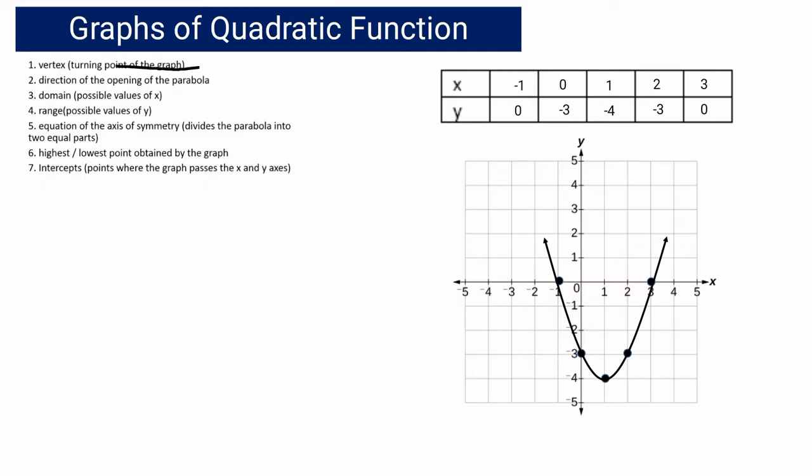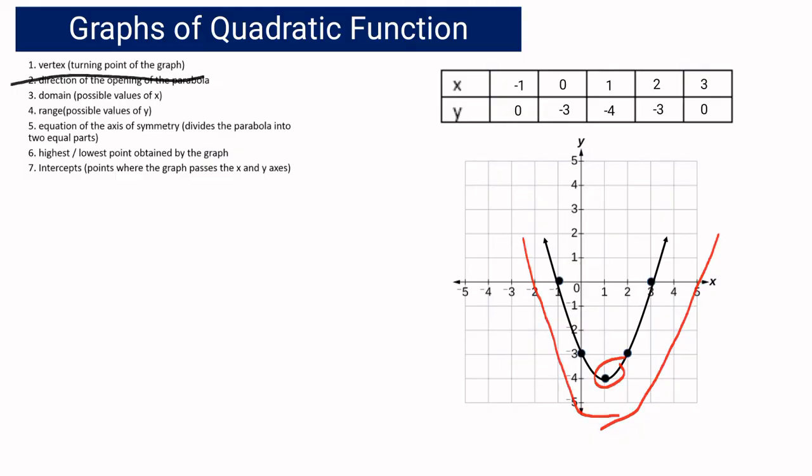Let us start with the vertex. According here, the vertex is the turning point of the graph. Here is our graph. Now, where is the turning point? If you are going to notice from here, our direction is going downward. But from this point, it becomes upward.